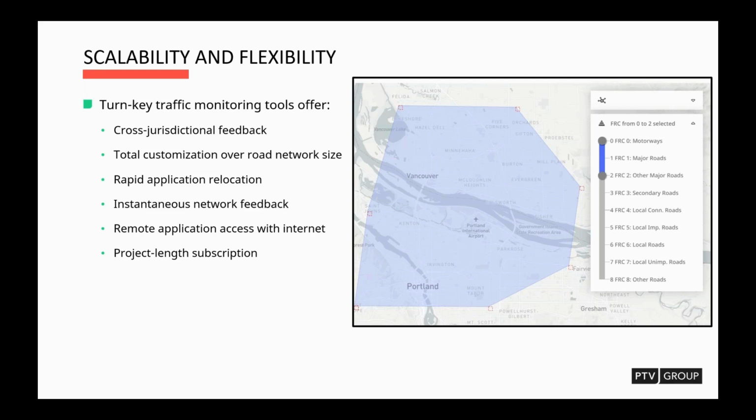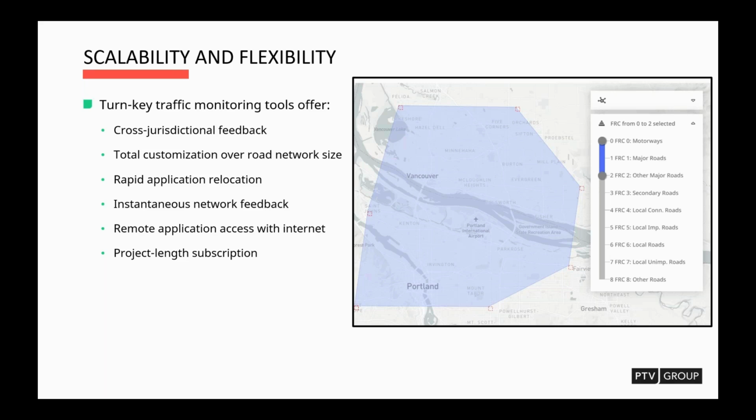We also have total customization over our road network size. So you'll see here on the right, this is actually a glimpse from our instance configurator, which is how we generate our PTV Flows instances in our geographic regions. And you see that we have a tier system from 0 to 8.